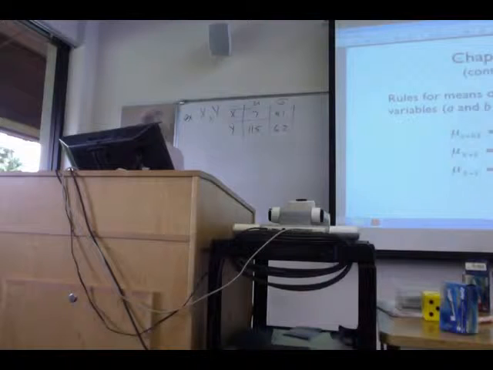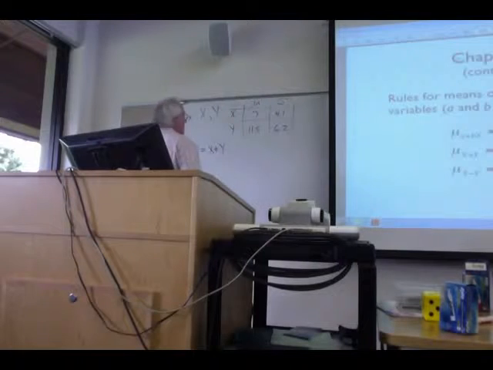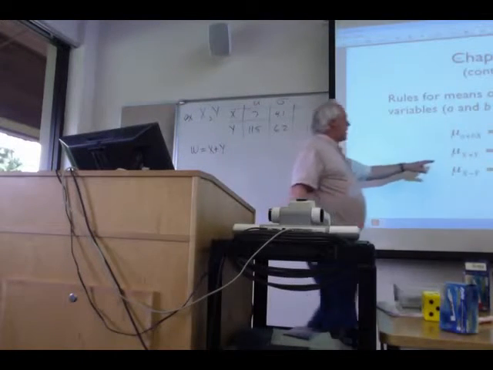overhead. Now, I can create a new random variable W, which is either the sum of these two random variables, or I could take their difference. Now, this rule says the following.